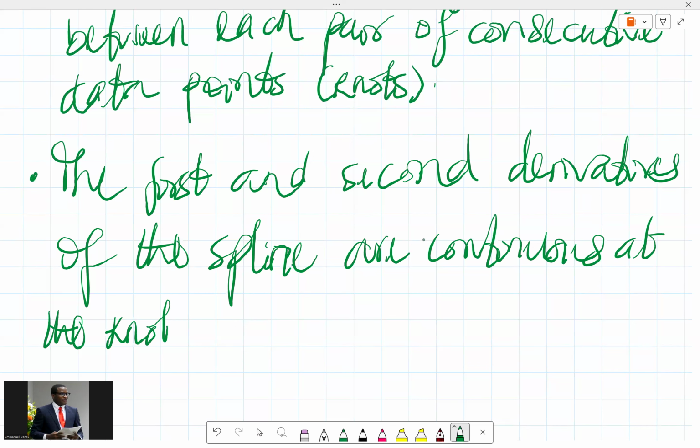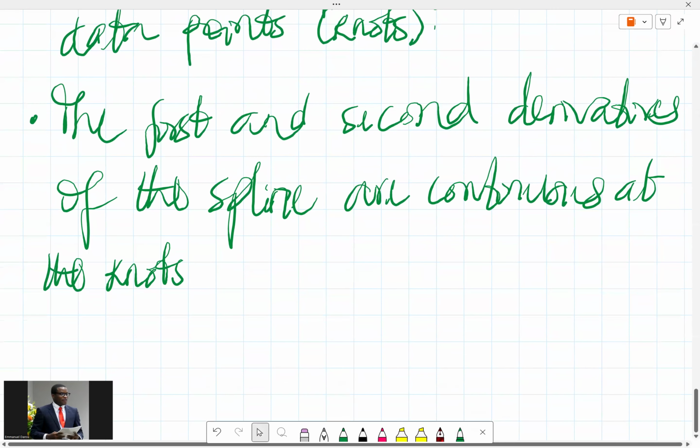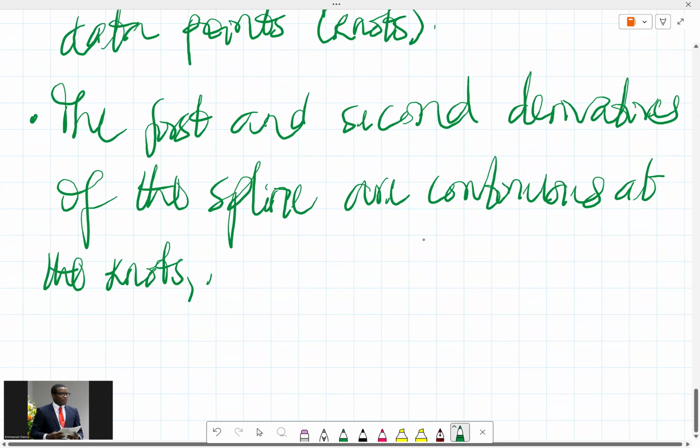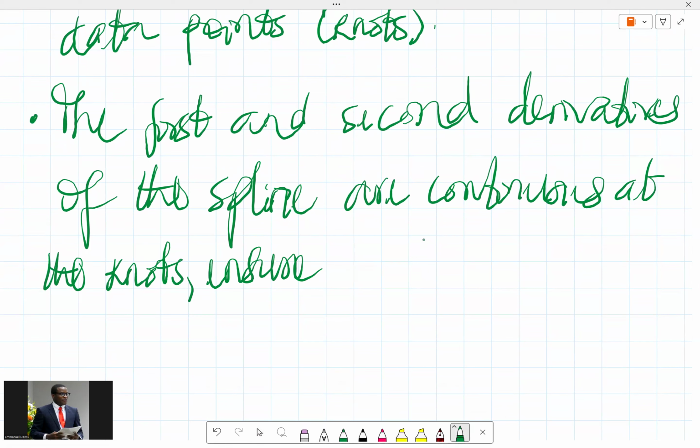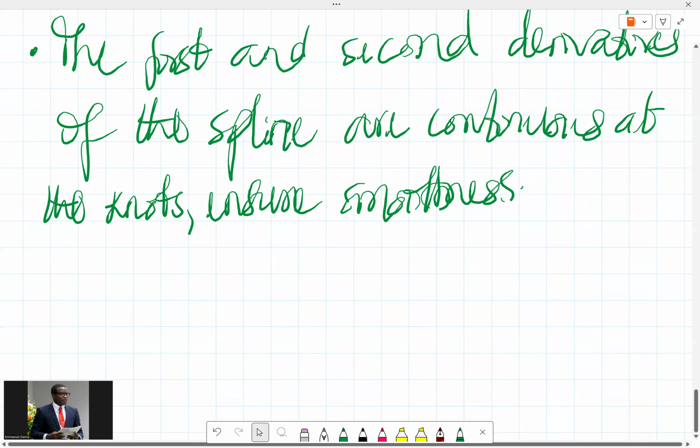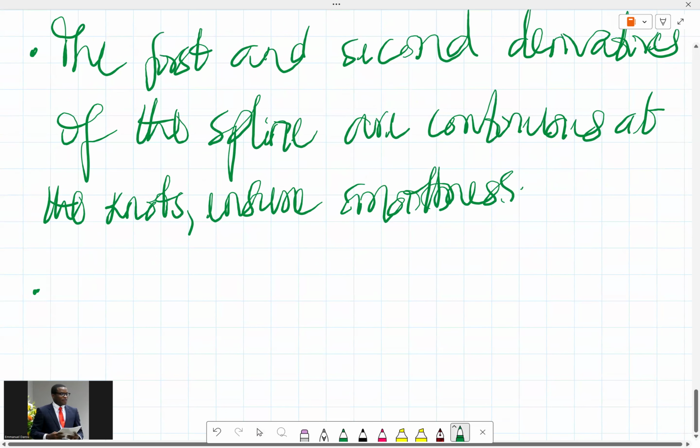And that's an unusual thing, right? But it's ensured. That's the essence of a spline. So they are continuous at the knots, ensuring smoothness. Otherwise, those knots will actually be points of discontinuities where the graph jumps or has a sharp restart, so to speak.